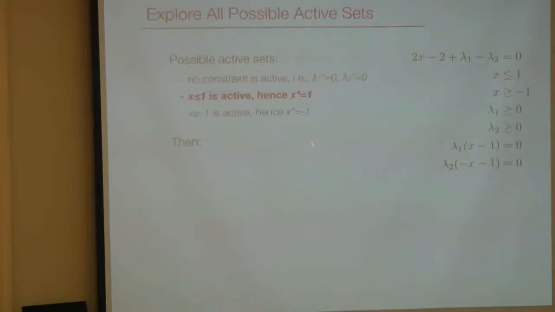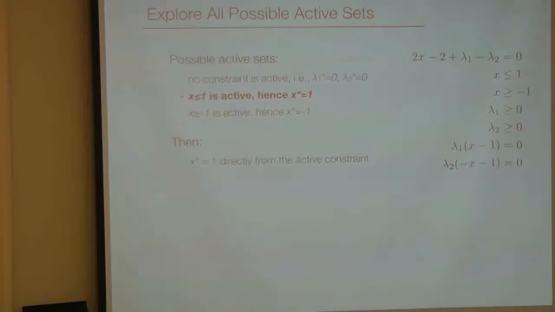So let's assume this is now the scenario. Here we have the candidate directly from the assumed activity of the constraint. Again, we have to check that all inequalities and equalities hold. The problem now is we don't know what the lambdas are. They are no longer given.